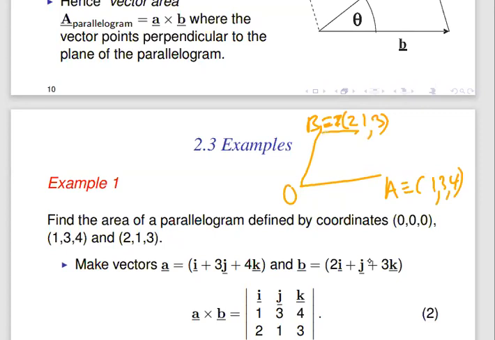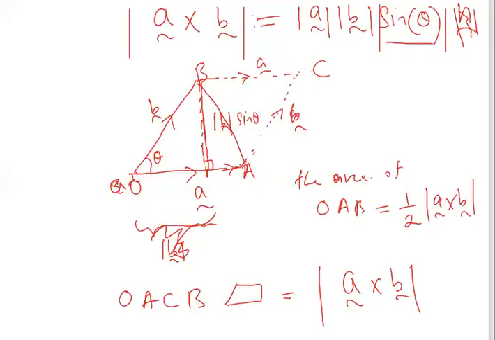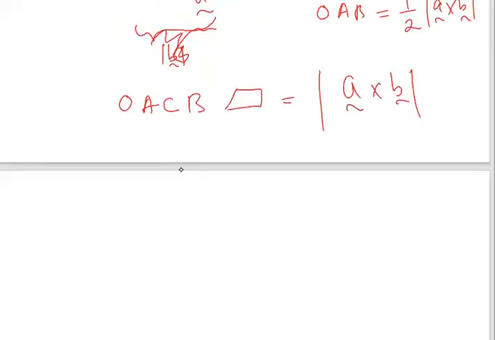This is the completion of the parallelogram. The area of this one is the magnitude of A cross B. First find A cross B. How do you find A cross B? Let's find it together, because we are doing this the first time.